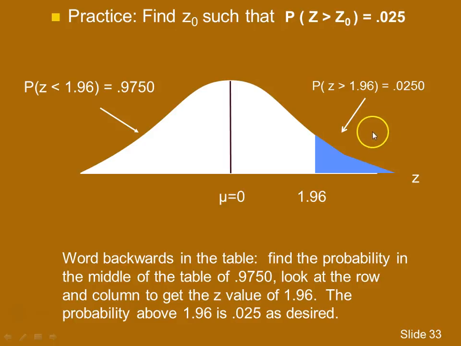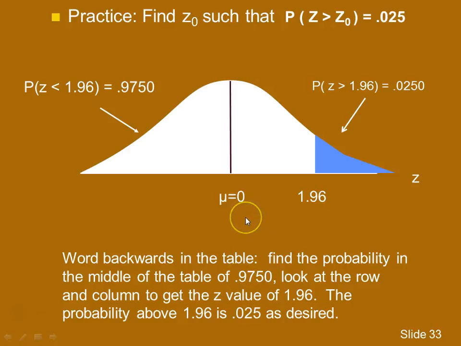Now remember, the table in the back of the book is a cumulative probability table. It gives you all probability less than a point. So if 0.025 is above that point, 0.975 has to be below that point. Go to your table and find 0.9750 somewhere in the body of the table.